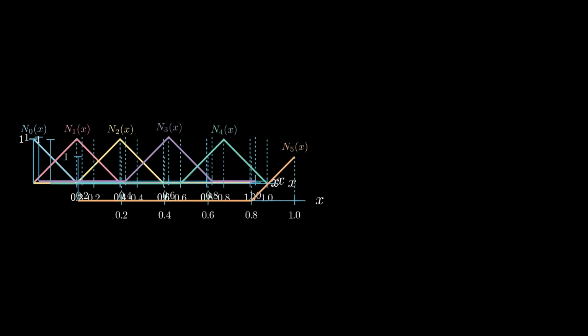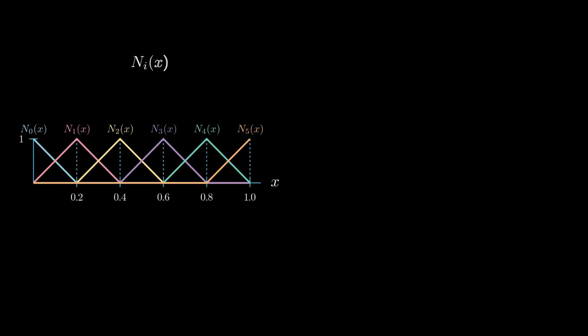After having defined all shape functions ni, we assume that the unknown function u of x can be expressed as a linear combination of the shape functions, which means that it is expressed as the sum of some unknown scalar parameters ui multiplied by the shape functions ni.